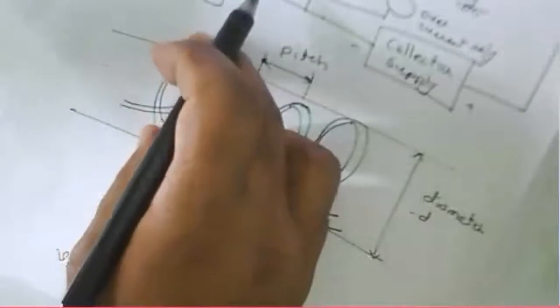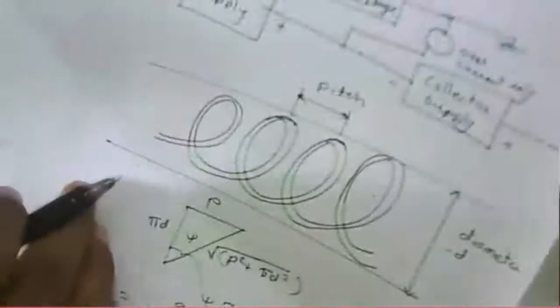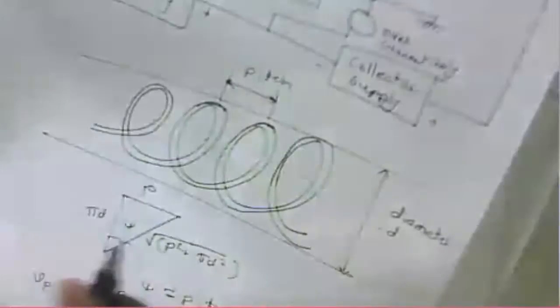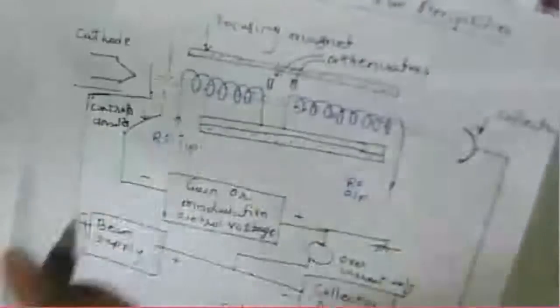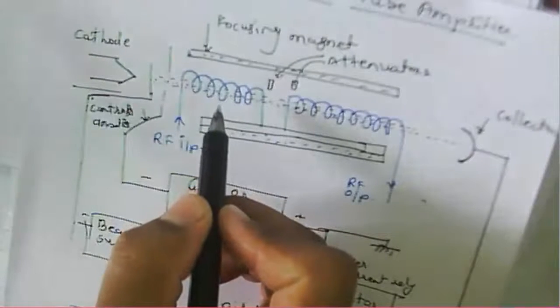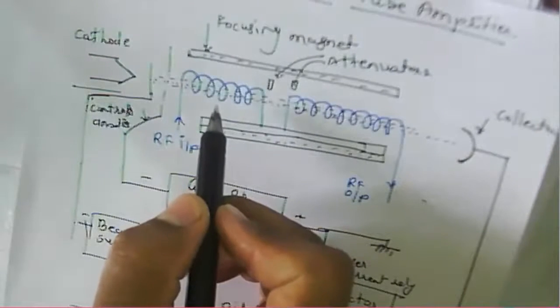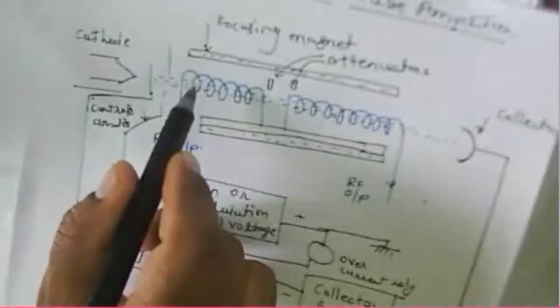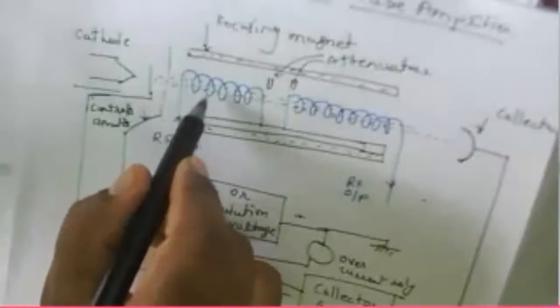But if we increase the diameter, focusing the electrons in the axial position becomes difficult. That is why focusing magnets are used to focus the electrons in the axial position. Wherever the electrons enter this field, acceleration or deceleration takes place based on the RF field.